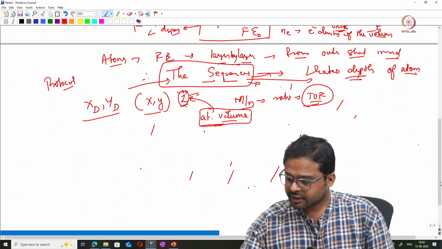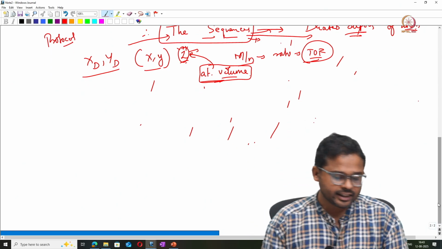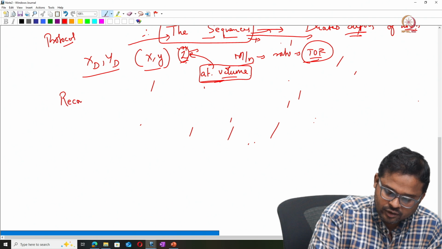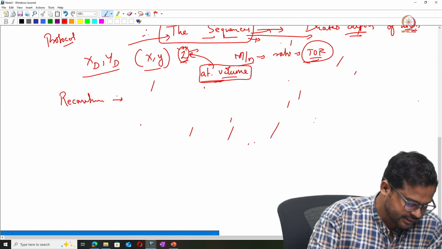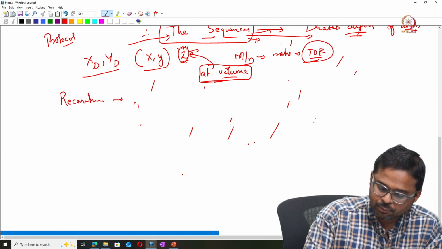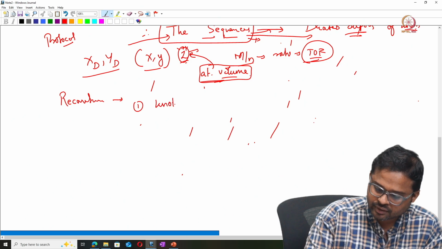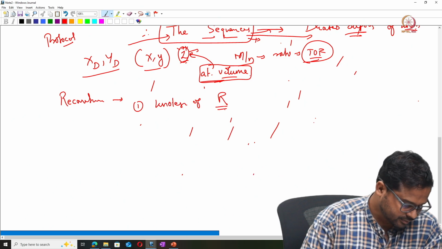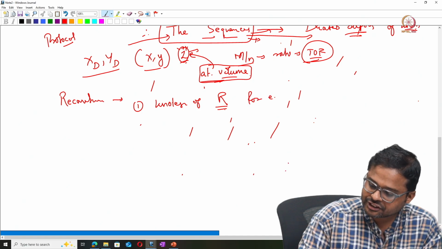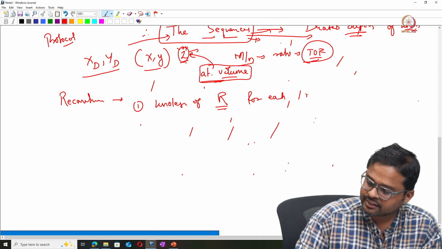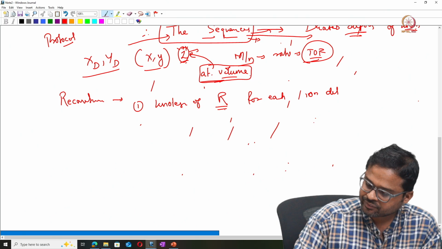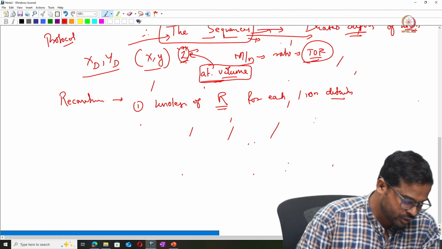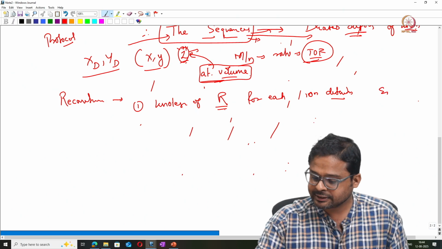Okay, so basically the process of reconstruction requires, as the first important point, knowledge of the radius of curvature for each ion detected, the evolution of the radius of curvature of each ion detected, in order to compute the original location at the specimen surface.